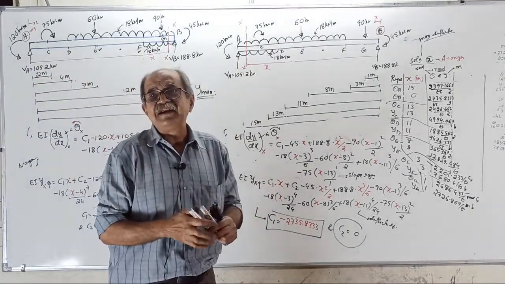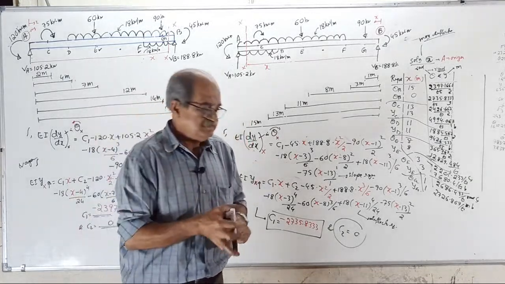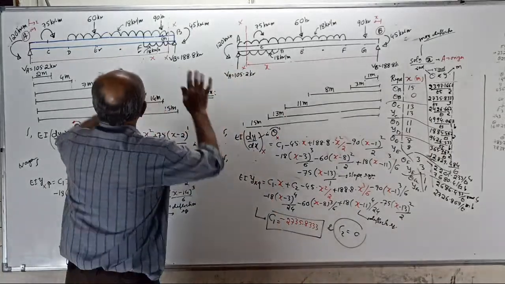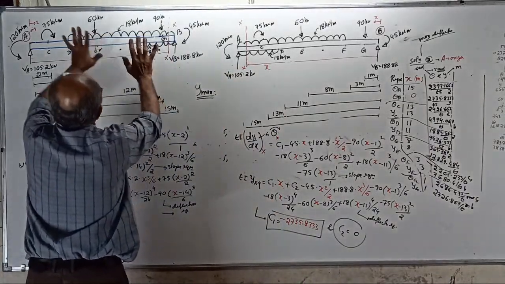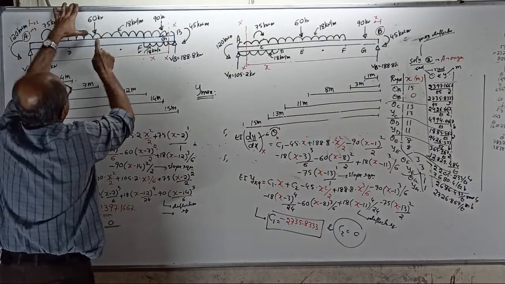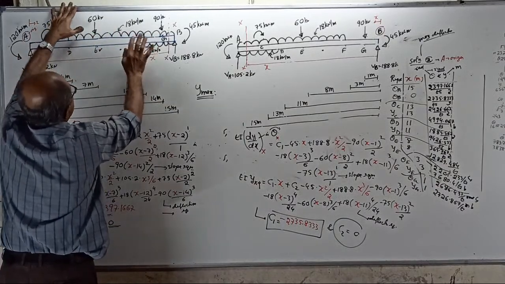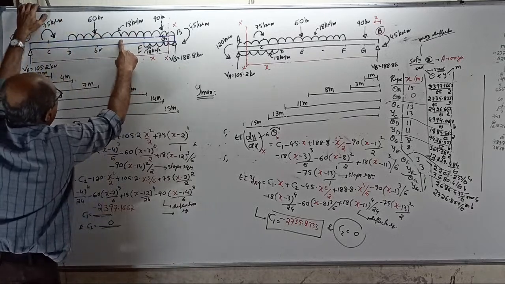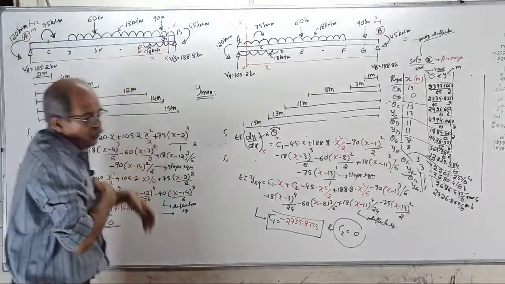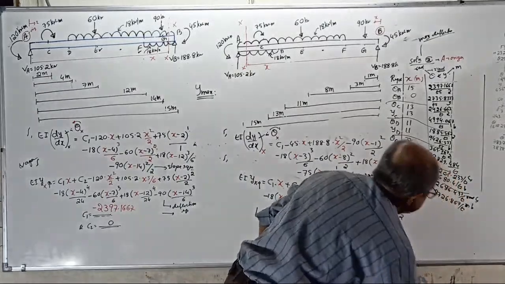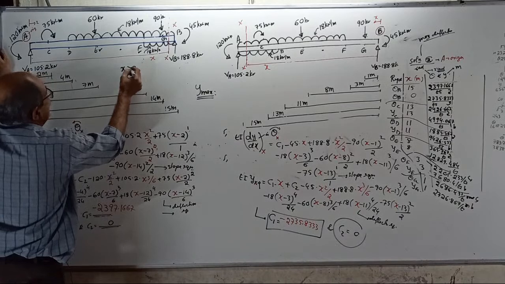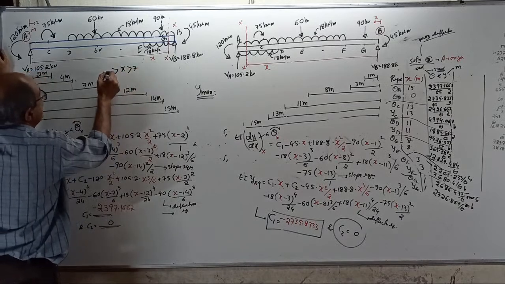Now listen correctly to what I am telling. Continue y maximum for solution 1. Y max will take place between E and F. Let it be at x from here. Therefore, your x is surely, 100%, more than 7 meter but less than 12 meter.